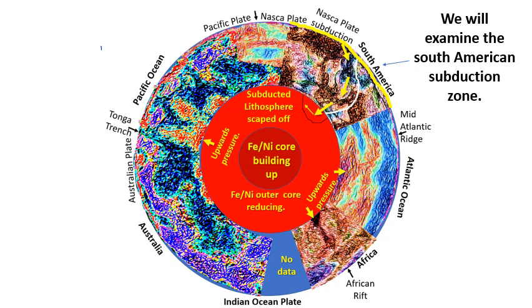We will now be looking at a closer view of Section 3, the Nazca South American Subduction Zone. This is how the South American Subduction Zone fits into the global structural geology as defined by EagleEye.